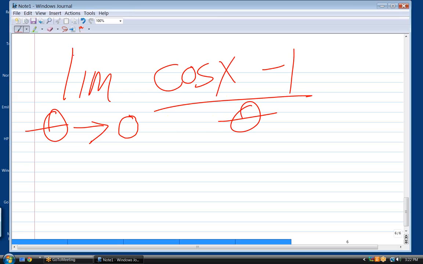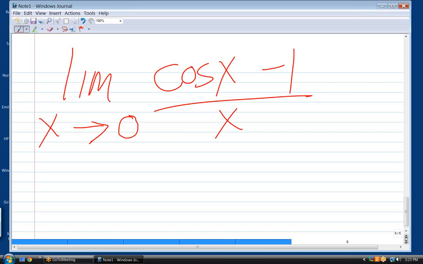We don't need to use theta. Notice that that is 0 over 0. What is this limit? Do you know it? I don't know. I haven't seen this one before.